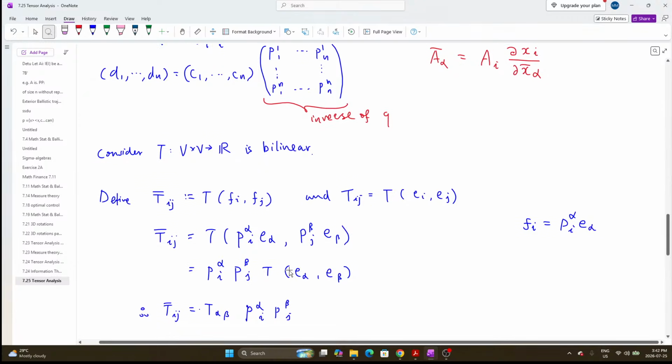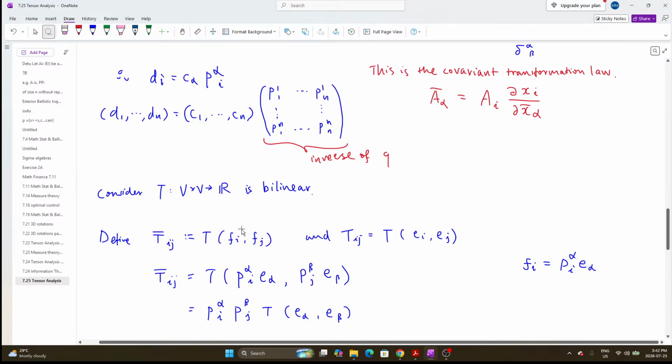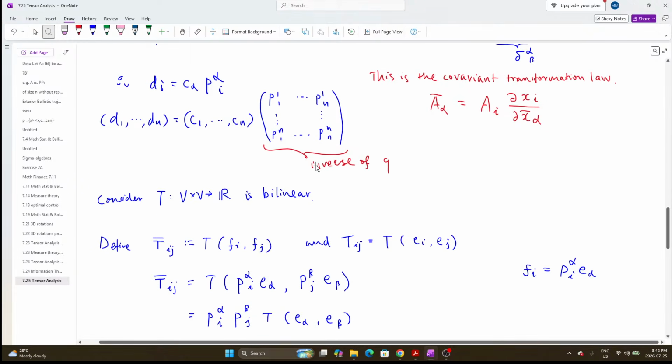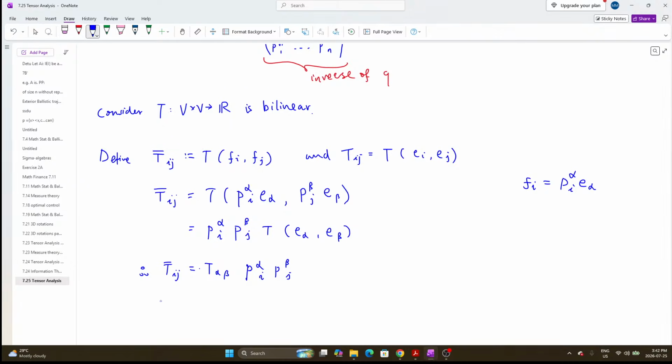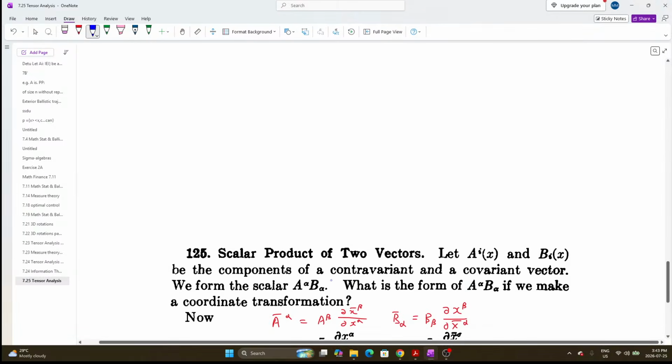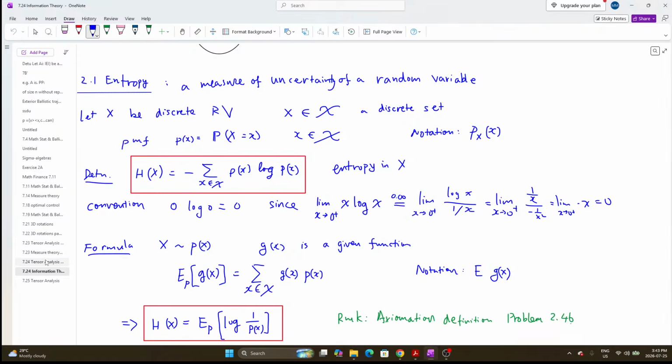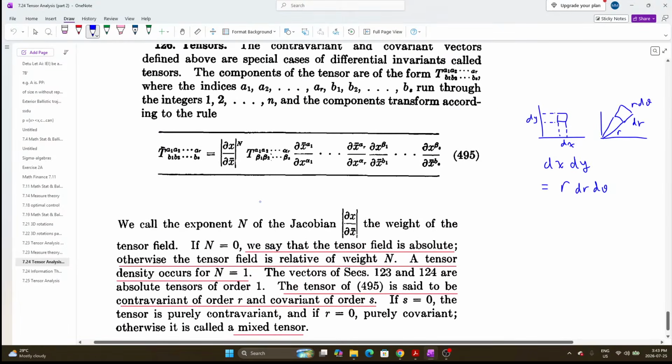Is that actually a good idea? Yeah, that is a good idea. What I'm saying is it uses downstairs indices. This is a covariant second order tensor. And does it conform to our definition from yesterday? Let's take a look. Yesterday we had the definition of a general tensor at the very end.